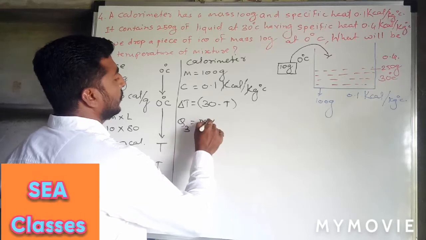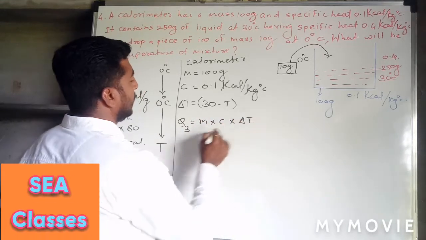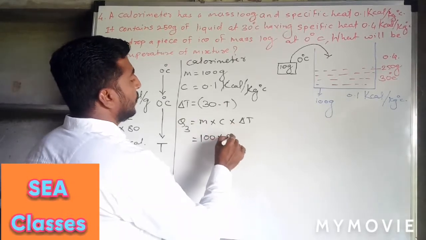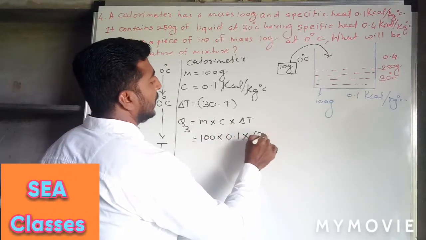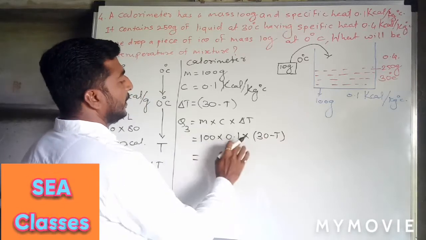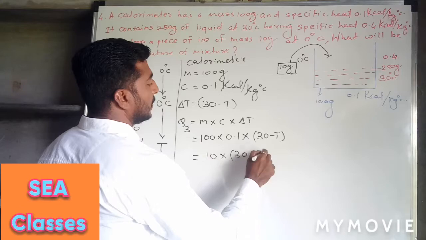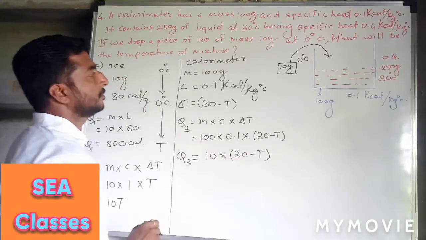It will be mass into specific heat into delta T. So you have the values here, 100 into specific heat 0.1 into 30 minus T. So 100 into 0.1 gives you 10 into 30 minus T. So this is your Q3.